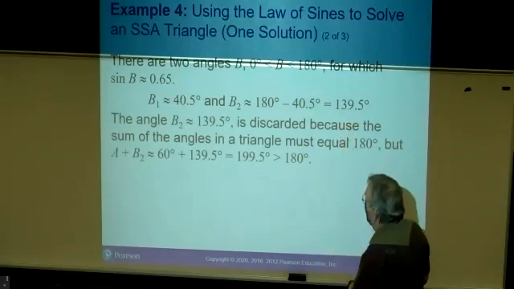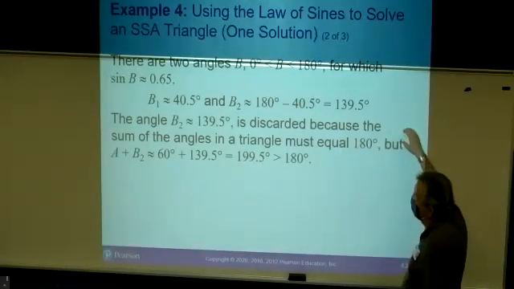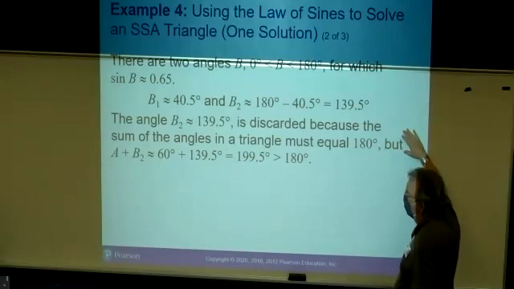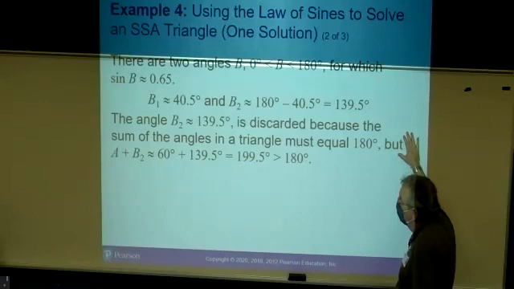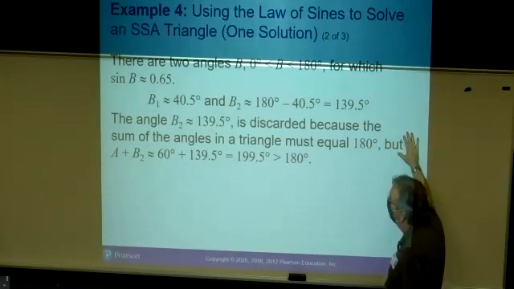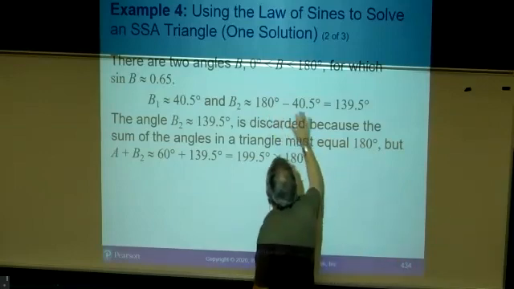So that angle is discarded because the sum of the angles in a triangle must equal 180 degrees. And 60 plus... where's the 180.5 or the 139.5? That's 180 minus.